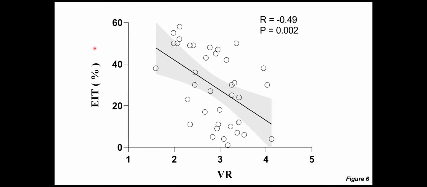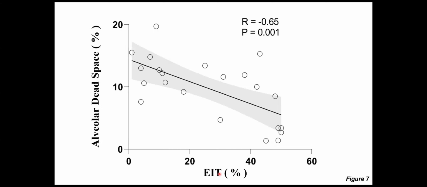And as we can see, the correlation is significant, but not that good, right? And you could say, oh, maybe the problem is that the EIT is not good enough. But in fact, when we compare with the angiography results, the ventilation ratio is a very bad signal for detecting pulmonary emboli, and you are going to see in the next slides.